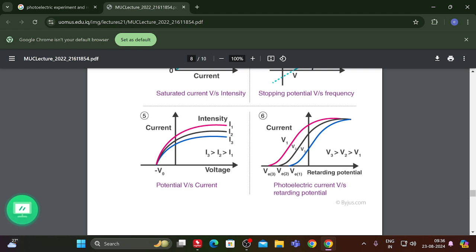Here you can see the negative potential. Whatever we are giving, this negative retarding potential is the negative collector plate potential, and you can see very well when the positive part is there.